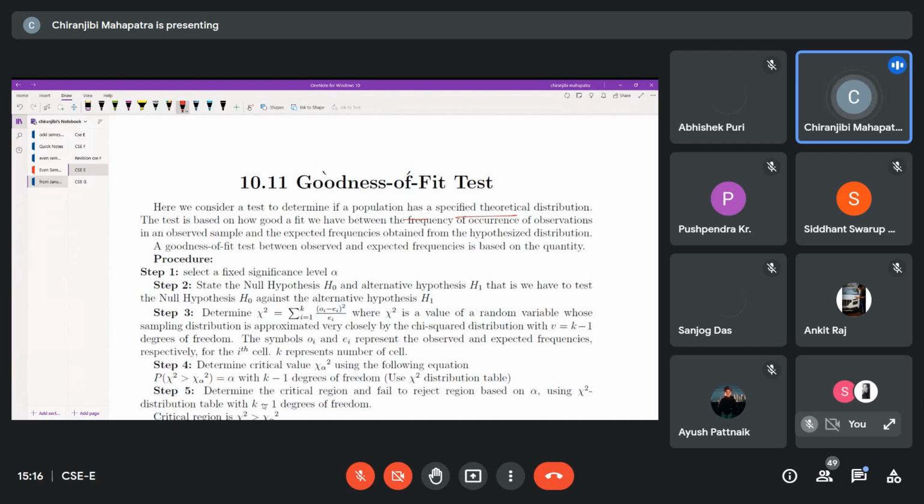The test is based on how good a fit we have between the frequency of occurrence of the observations in an observed sample and the expected frequencies from the hypothesized distribution. This means suppose we have some points, and we want to test whether these points are coming from a normal distribution or a uniform distribution. Then we can use a goodness of fit test. To check whether the data is coming from a particular distribution, we generally use the goodness of fit test.